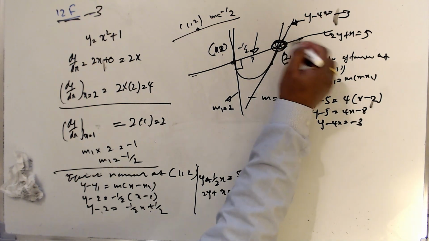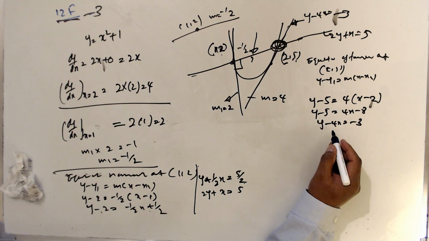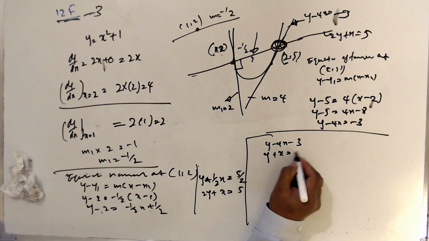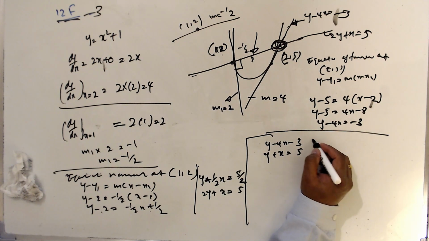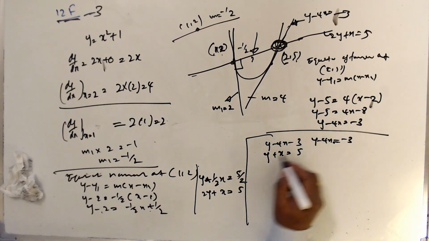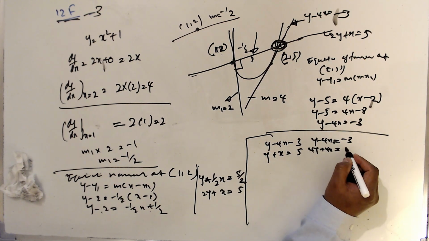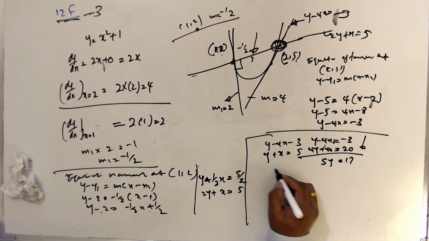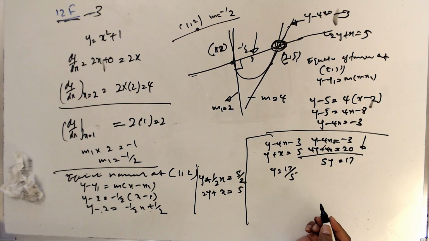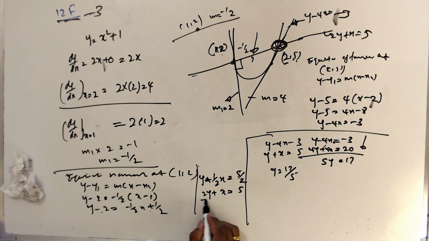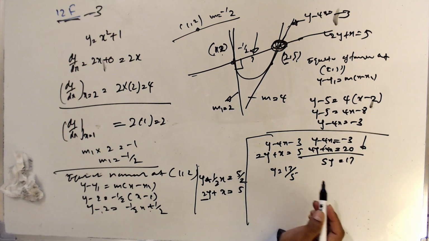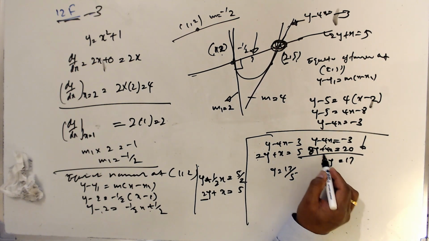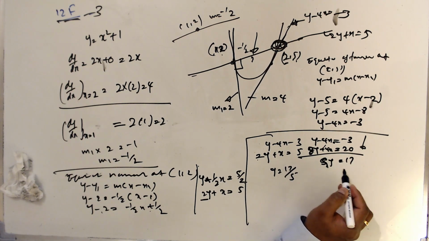Then we want to solve these simultaneously. y minus 4x equals minus 3 multiplied by 4 gives 4y minus 16x. Substituting, 2y plus x equals 5, so we get 9y equals 17.